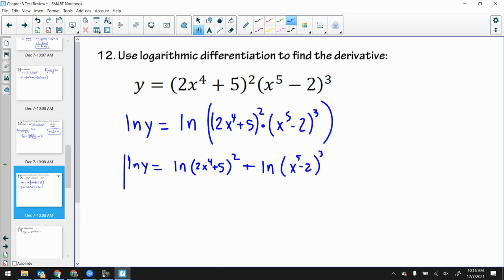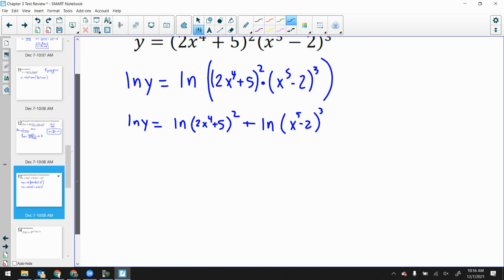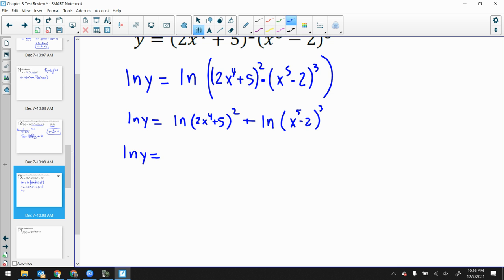So this becomes ln of y is equal to 2 ln 2x to the 4th plus 5 plus 3 ln x to the 5th minus 2. And now I start taking my derivatives.